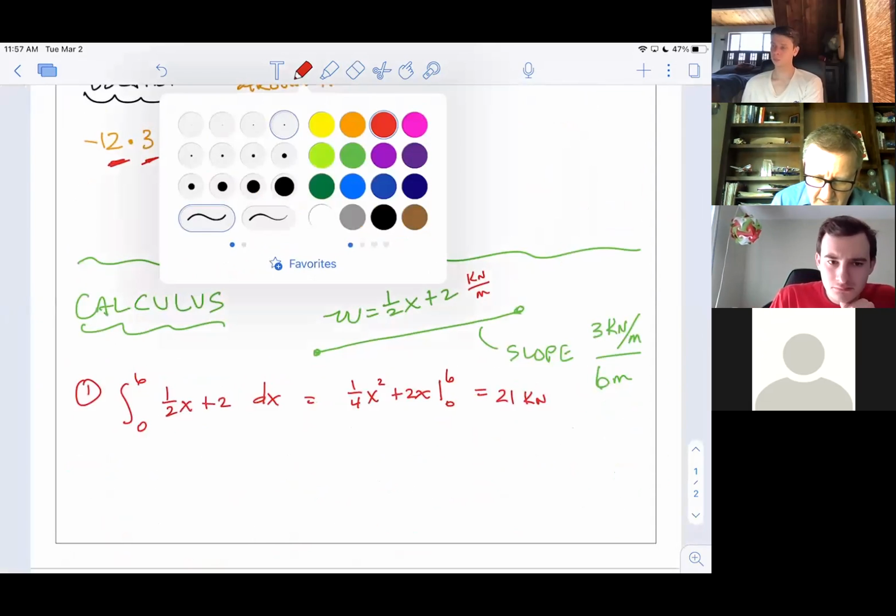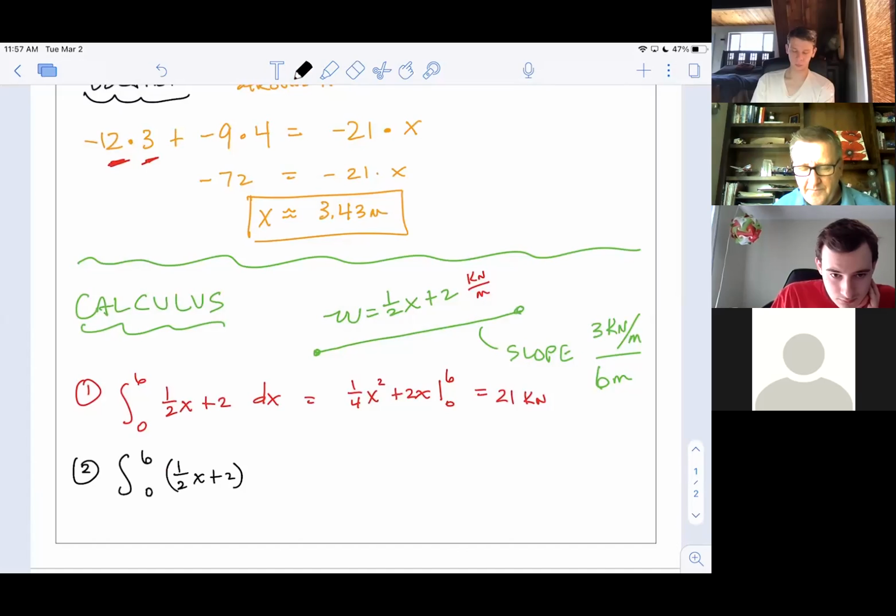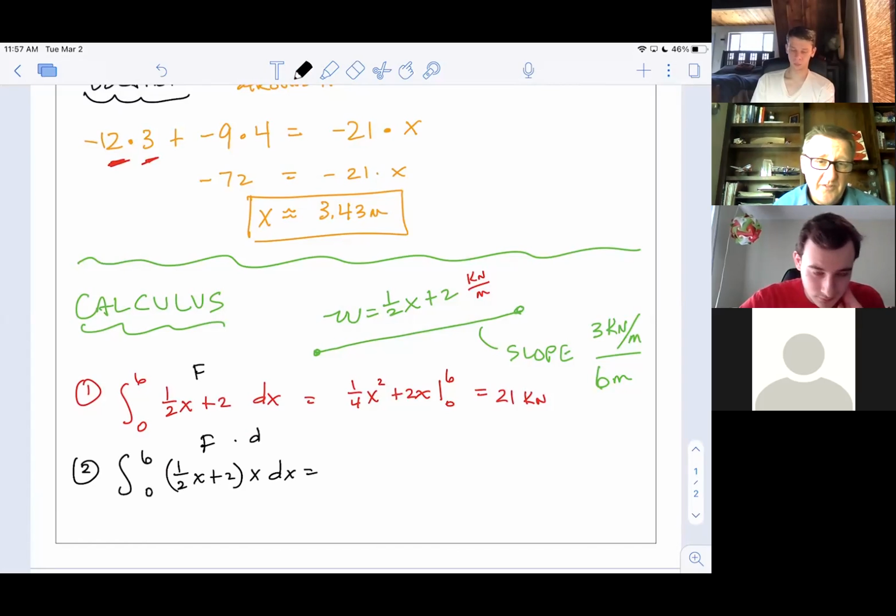If I take that same exact idea from 6 to 0, except I take 1/2 x plus 2 and I also multiply it by x first, isn't that a force times a distance? So this was just the sum of the forces, which was an area, whereas the bottom one is the sum of the moments because it's a force times a distance.